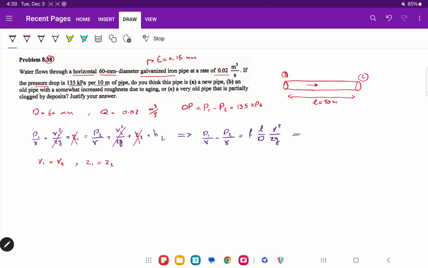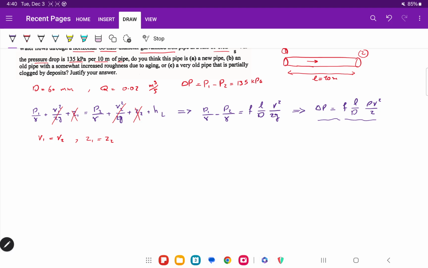Actually, for horizontal pipes, you can find delta P as f L over D rho V square over 2. So we have everything, we can calculate f. Delta P is 135 times 10 to the power 3 Newton per meter square equals f.